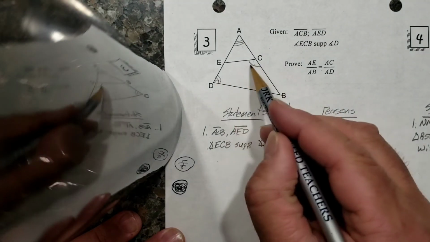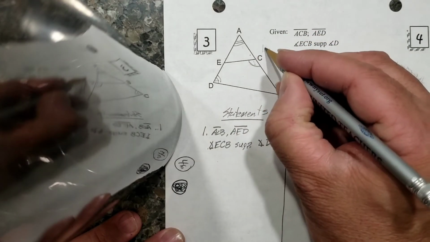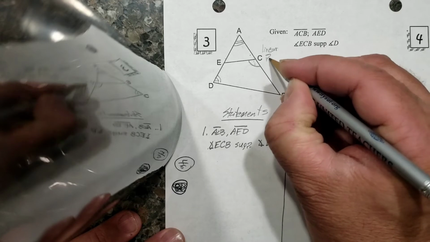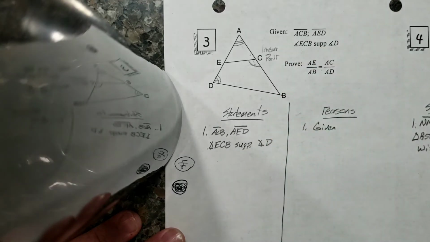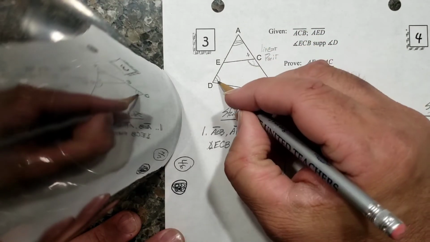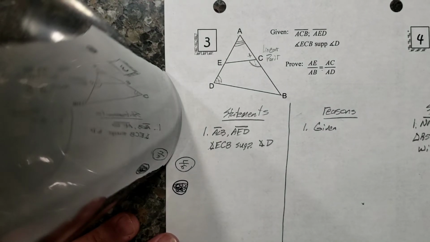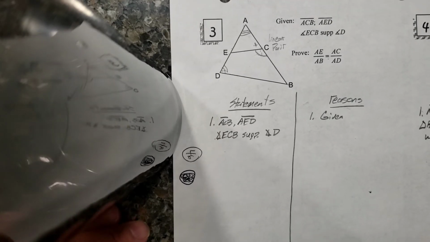Now, if these two are supplementary, you also have to notice that these two here are a linear pair. So they are also supplementary. I'm going to label this angle 1, and that is going to be the same as this angle here. We're going to get to that through a few properties that we haven't used a ton of. We used them a couple weeks ago, substitution and subtraction, but that's how we're going to get there.